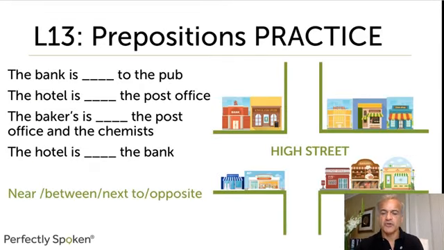Prepositions. So we looked at different places: pub, post office, bank, cinema. 4 prepositions: near, between, next to, and opposite. So on the map, the bank is next to the pub.